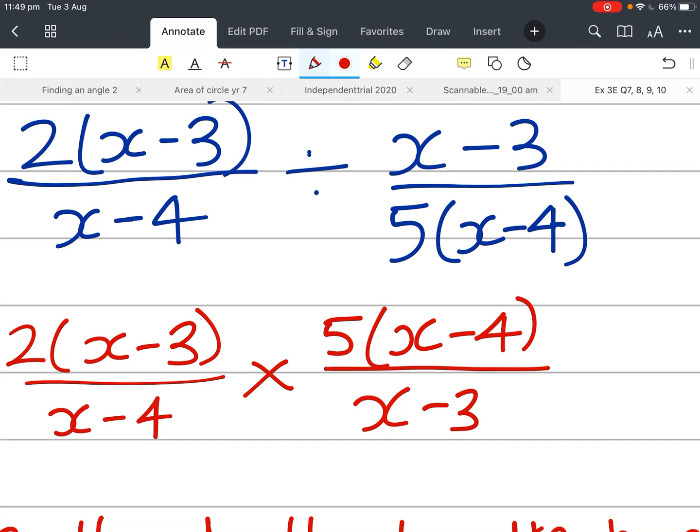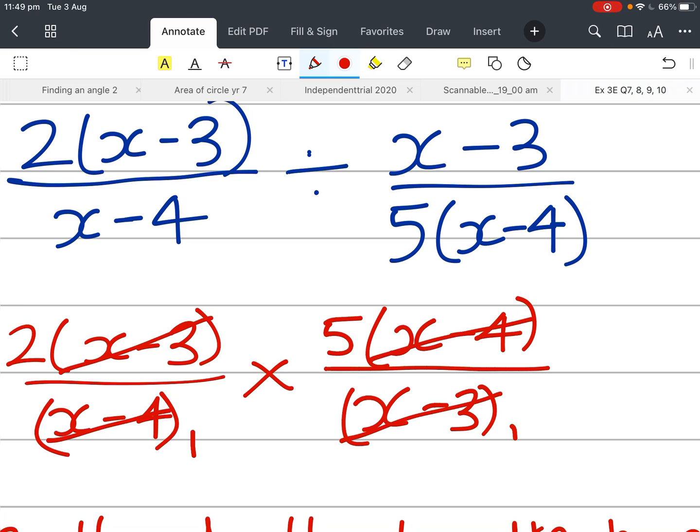Don't multiply any brackets out. Let's see what we can cancel. Remember, these are the same as if they had brackets around it. Do you see x minus 3 on the top and the bottom? Hopefully you said yes. Let's get rid of them. Do you see x minus 4 on the top and the bottom? Hopefully you said yes. Let's get rid of them.